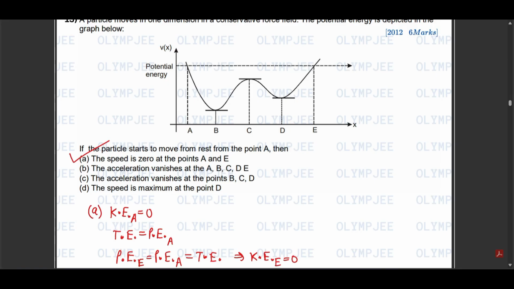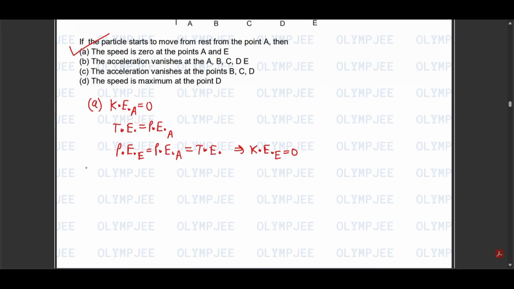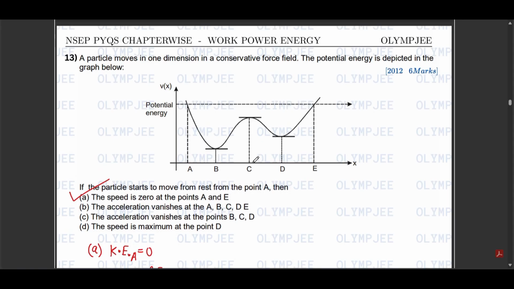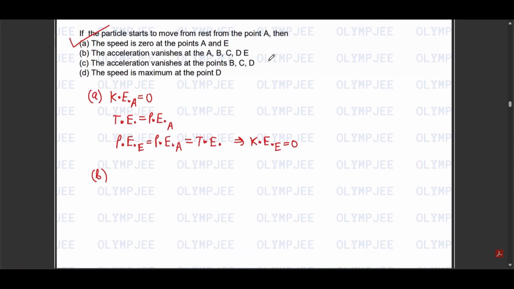Okay, so now since the field is conservative, we are given that there is a conservative force field, and we know that force is given as minus dV by dx for a conservative force field, right? We know this.